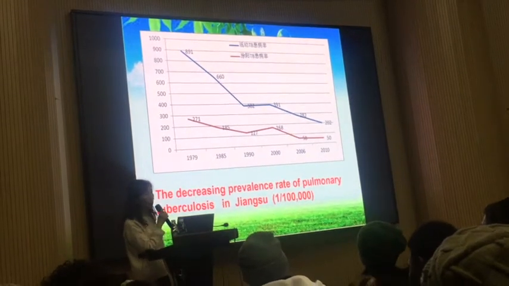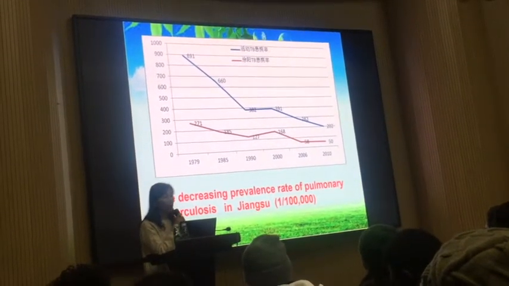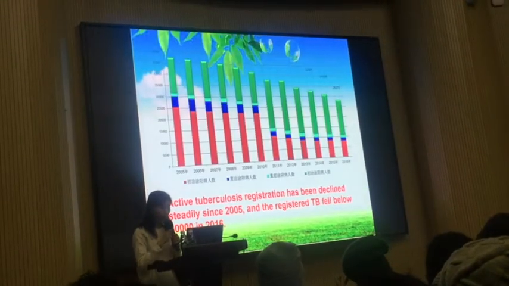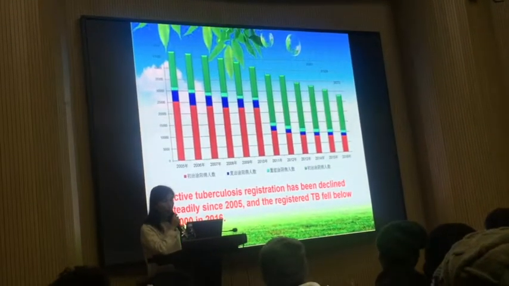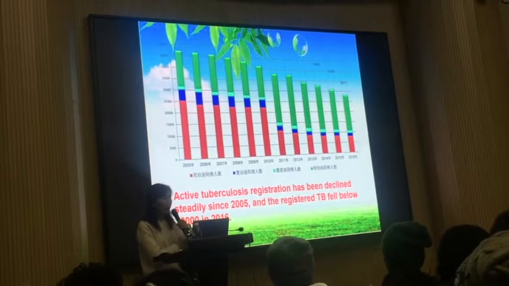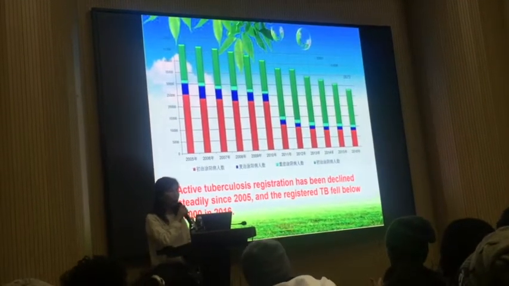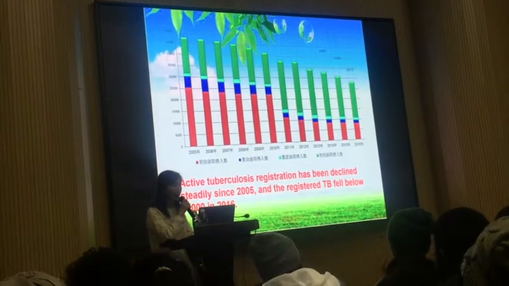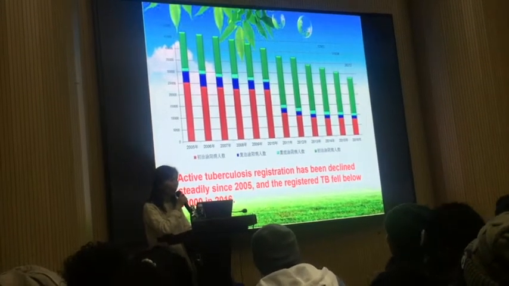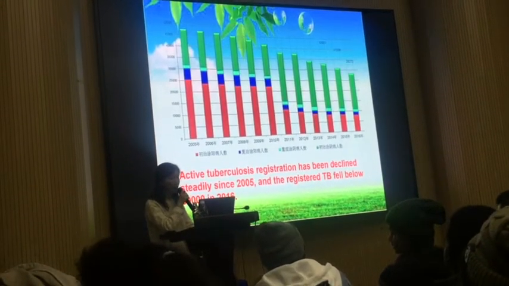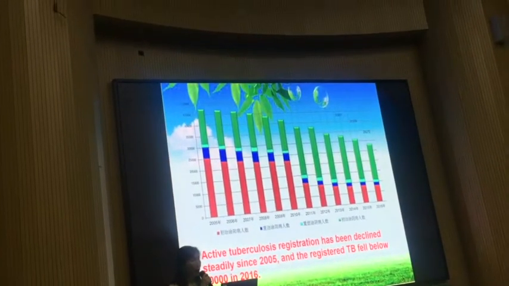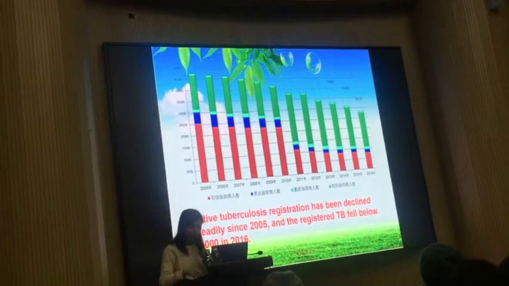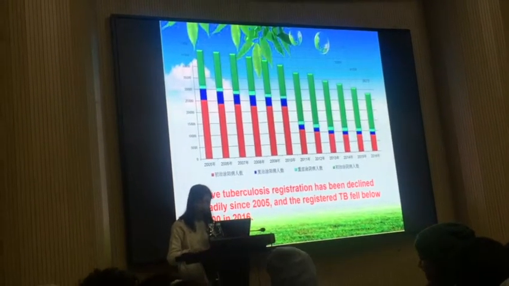The red line represents smear positive TB. Also, we can see from this picture, the active tuberculosis registration has declined steadily since 2005, and the registered TB fell below 30,000 in 2016.